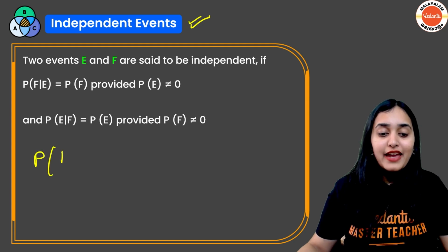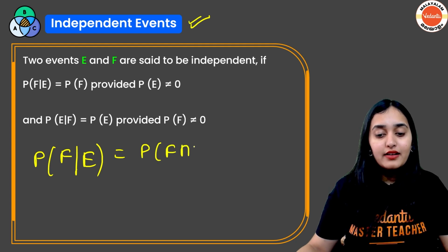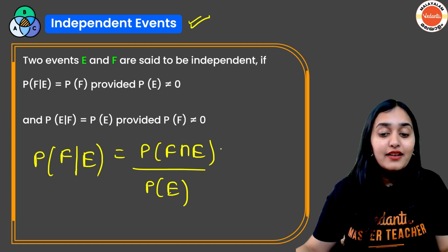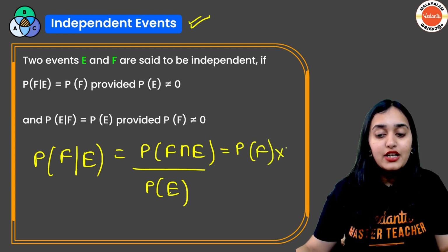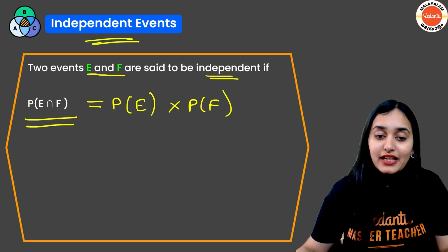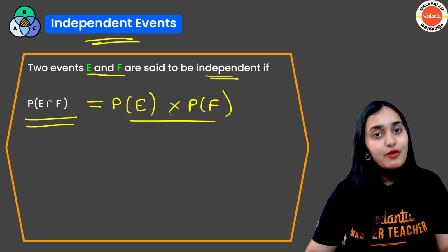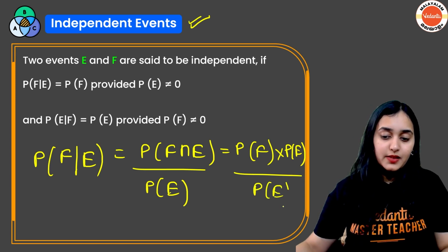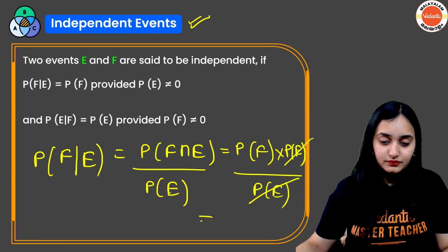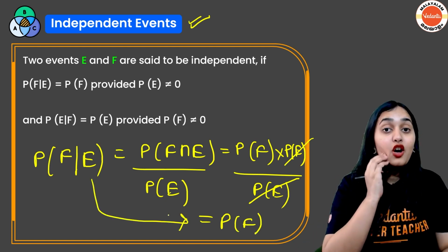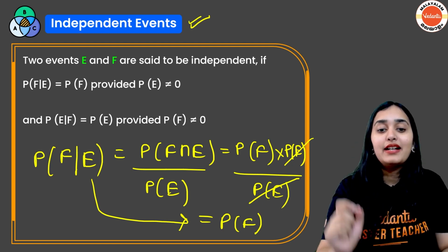Probability of F given E is probability of F intersection E upon probability of E. Now, we know that F intersection E is nothing but probability of F into probability of E. Just now we have seen that for independent events, E intersection F will be E into F. We are just putting it over here. This is probability of E. Cancel. We get probability of F. So, the conditional probability will be just probability of F if it is an independent event.